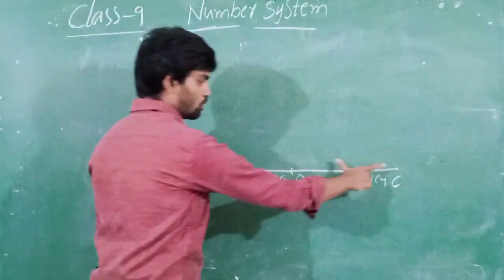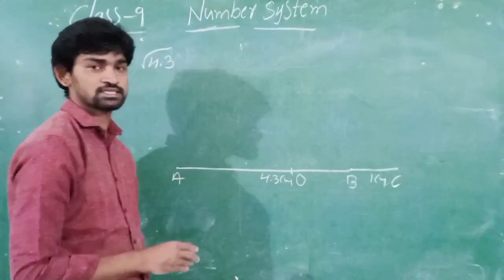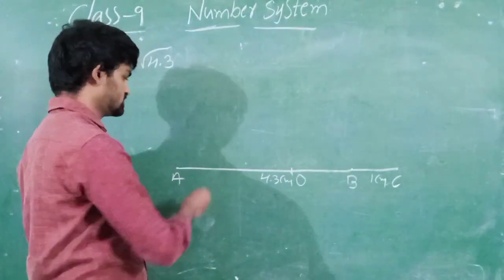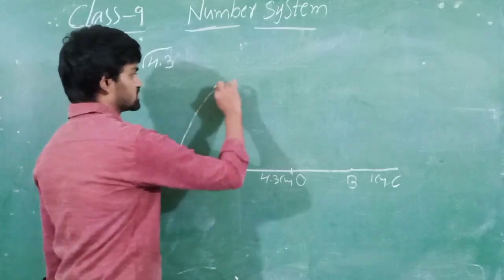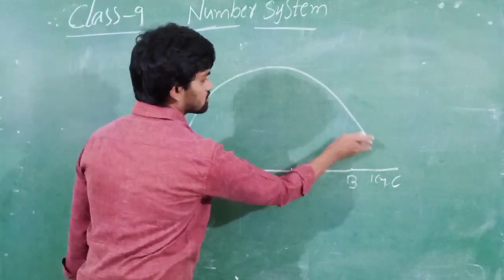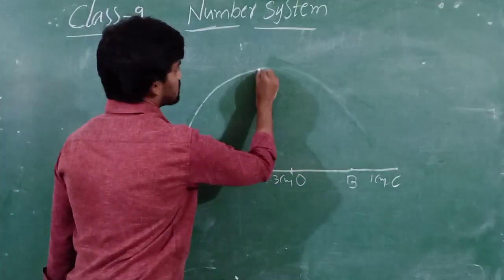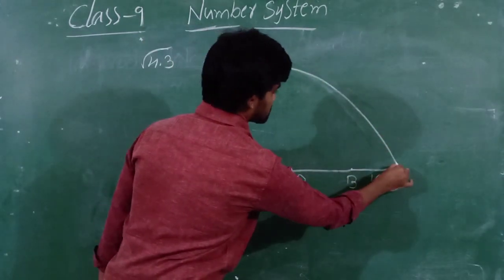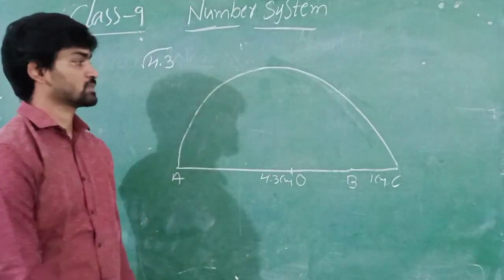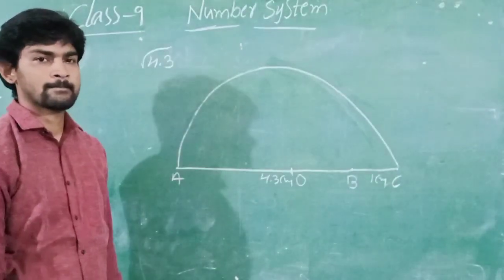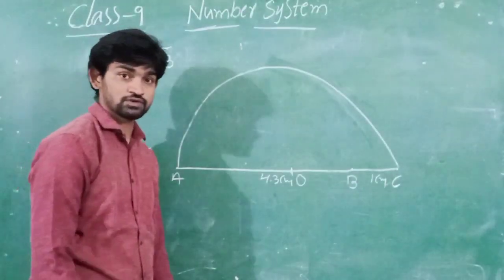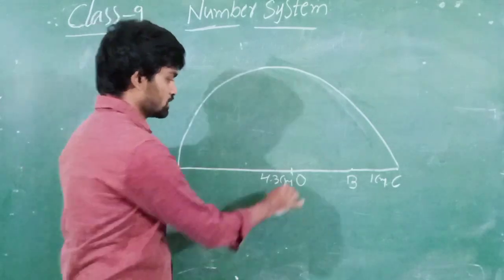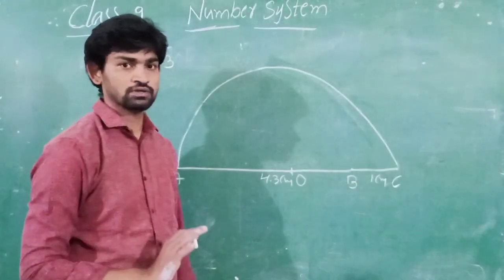Now OC as radius. Draw a semicircle like this. Did you draw? Right. Good. Now the semicircle you have drawn.